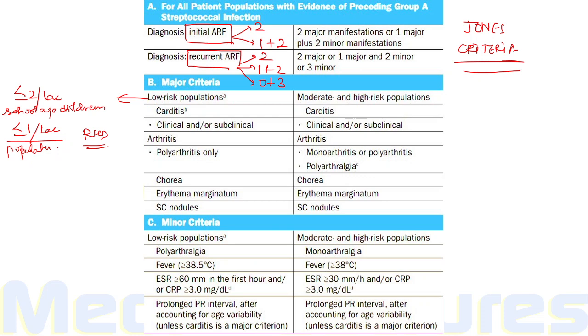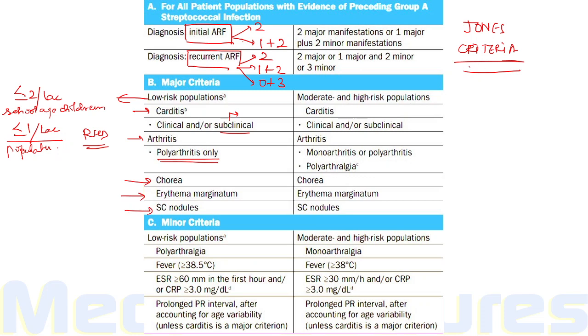So for low risk, we have major criteria including carditis, which will include subclinical as well as clinical. The subclinical means there are only echocardiographic features of valvulitis. Then there is arthritis. In arthritis, polyarthritis is only considered in the low risk population. Then chorea, erythema marginatum and subcutaneous nodules.